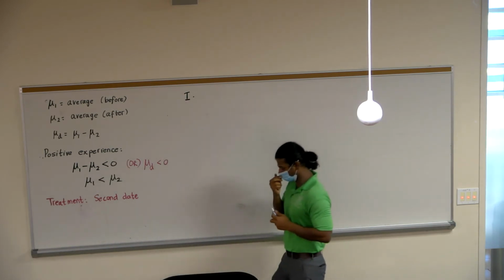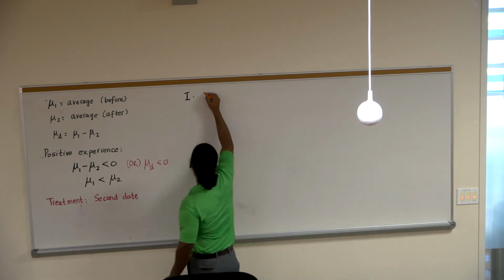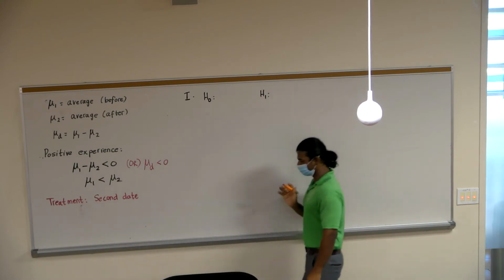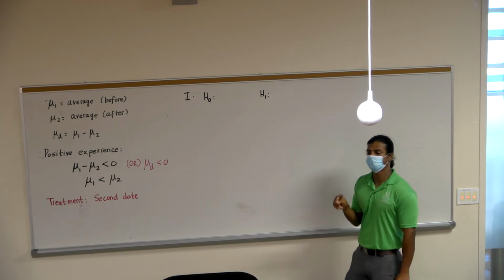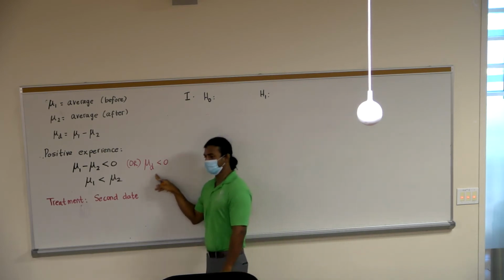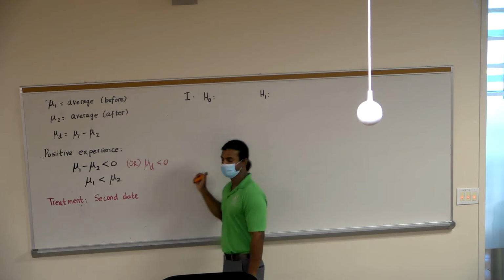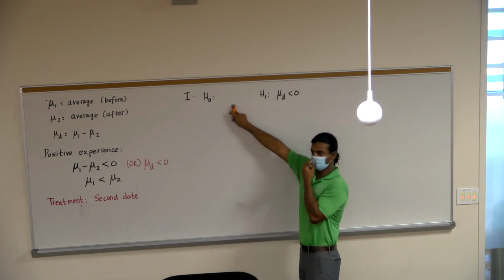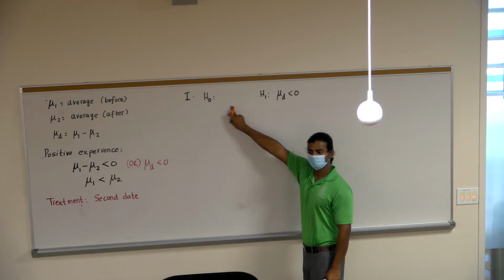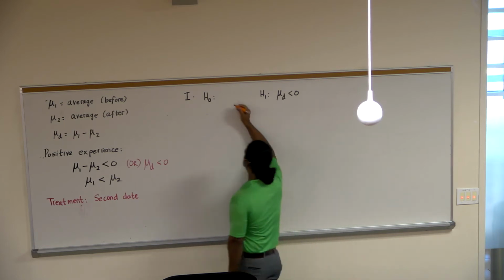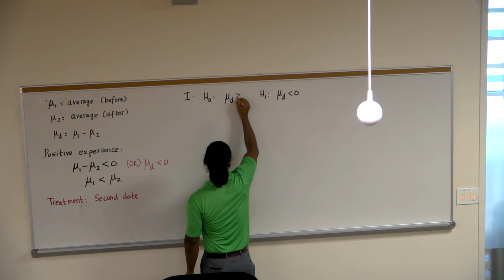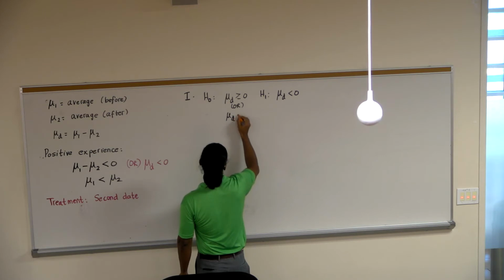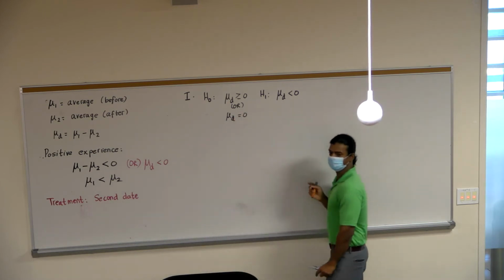Now we can define the hypothesis. In terms of mu sub d, the claim that we are trying to verify is mu sub d less than 0, correct? And the null would be mu sub d greater than or equal to 0, or you can write it as mu sub d equal to 0.